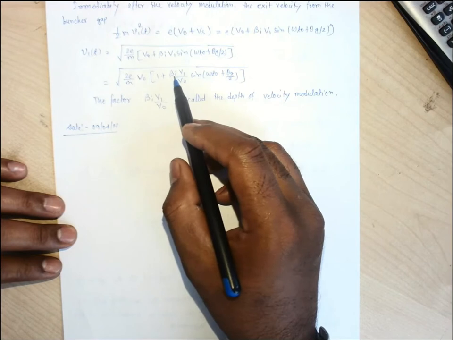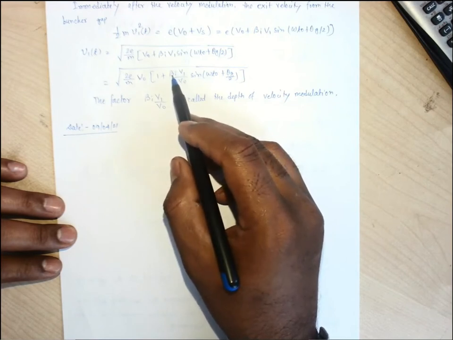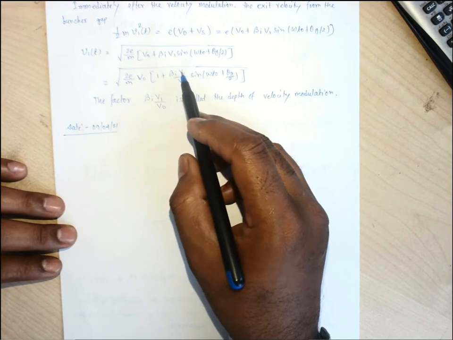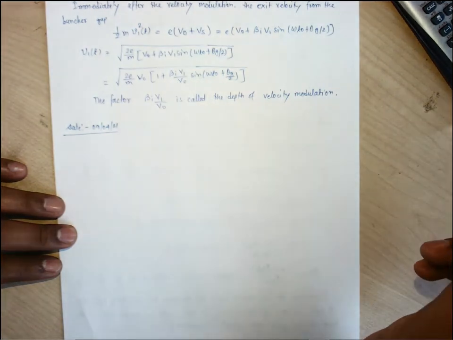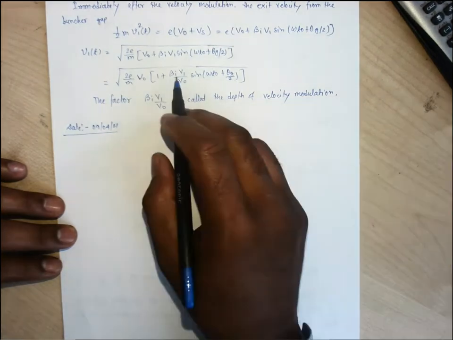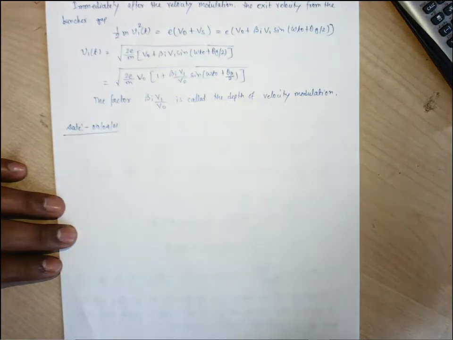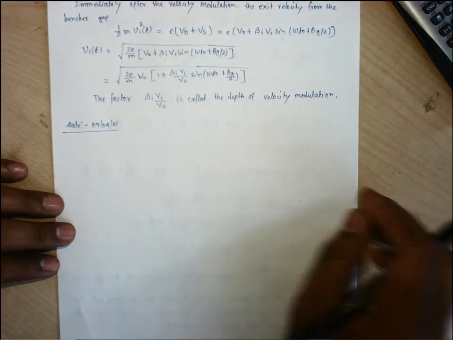So in this depth of modulation, this term is the coupling coefficient. This coupling coefficient multiplied with the RF input, if this quantity is quite less than the cathode voltage, then we go with the binomial expansion for this expression.